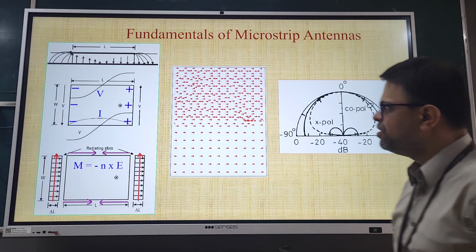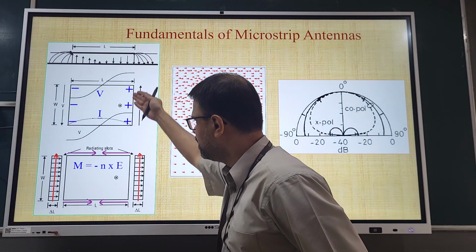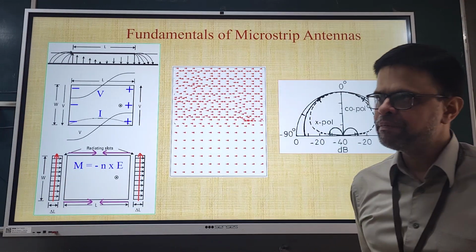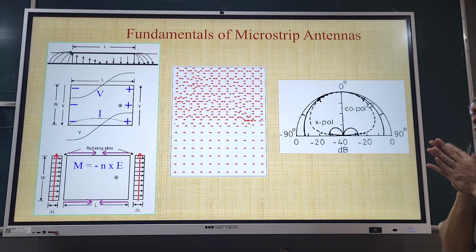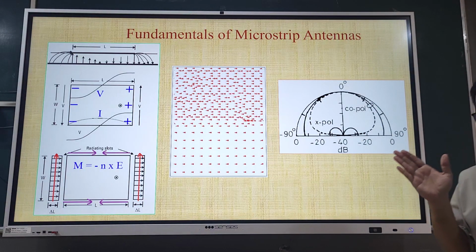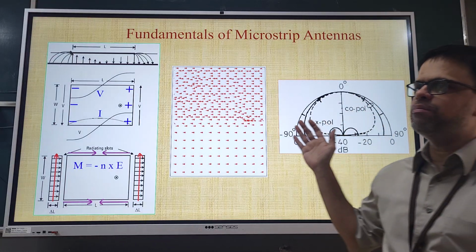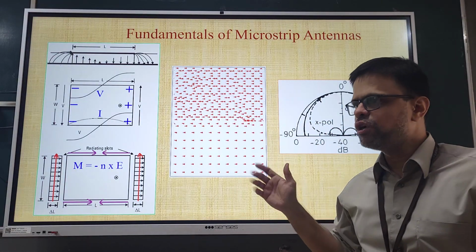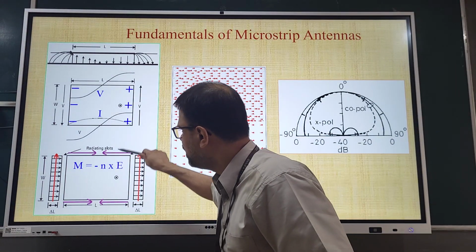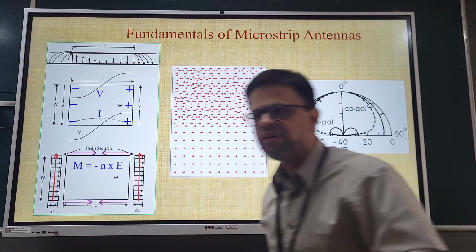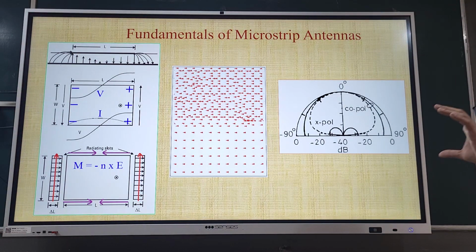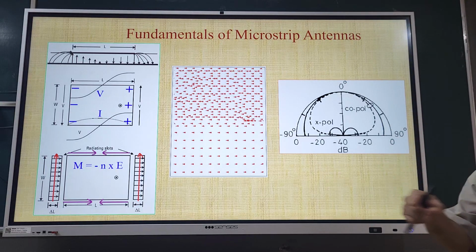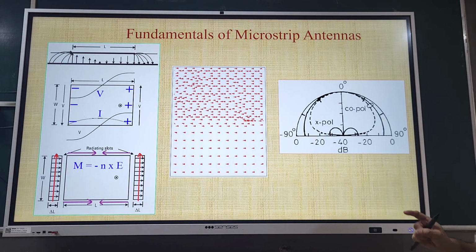This is the fringing field model of the rectangular microstrip antenna, and on top of that we have represented the magnetic dipole concept. Remember, let it be any shape geometry, one can come across these kind of magnetic dipole models that give you the best picture of the radiating slots around the microstrip boundary.